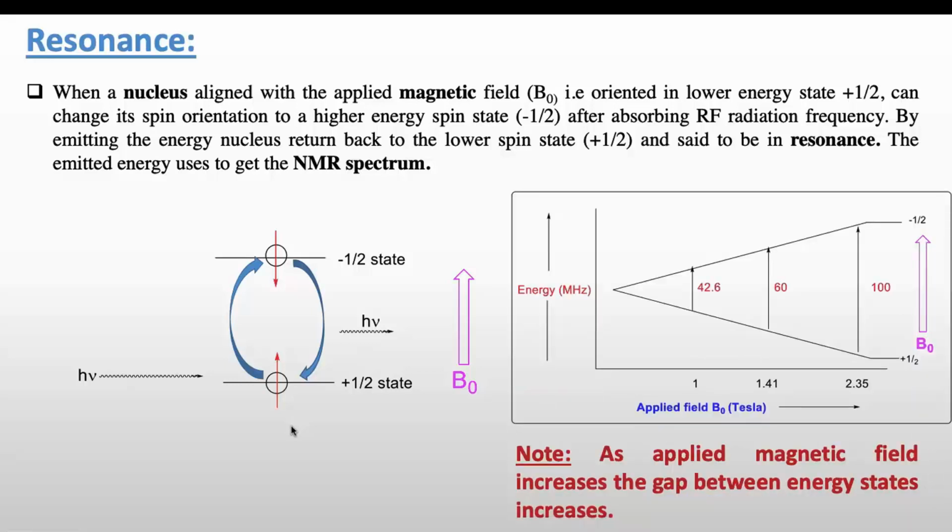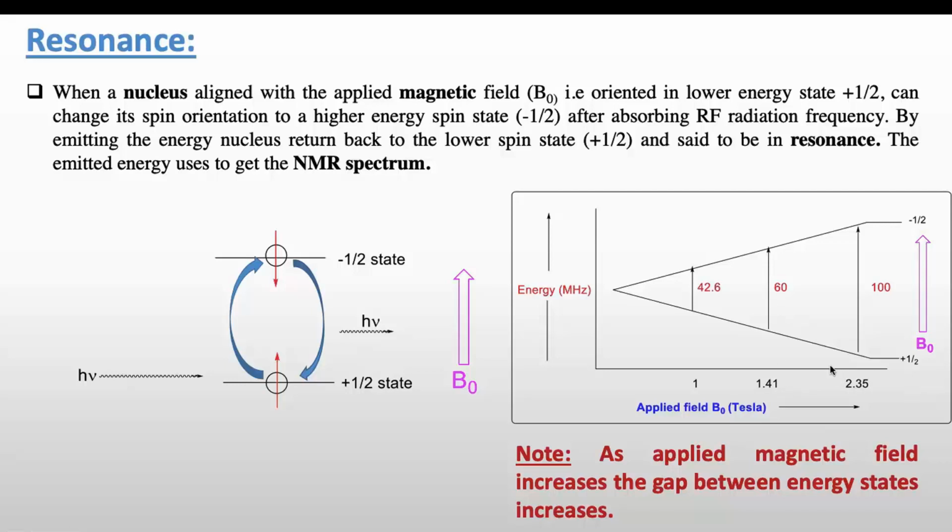Again we have to note that as the applied magnetic field increases, the gap between energy states increases. It means if we apply a 1 Tesla magnetic field, we need 42.6 megahertz energy for the proton to resonate. If we apply a 1.41 Tesla magnetic field, we need 60 megahertz energy.